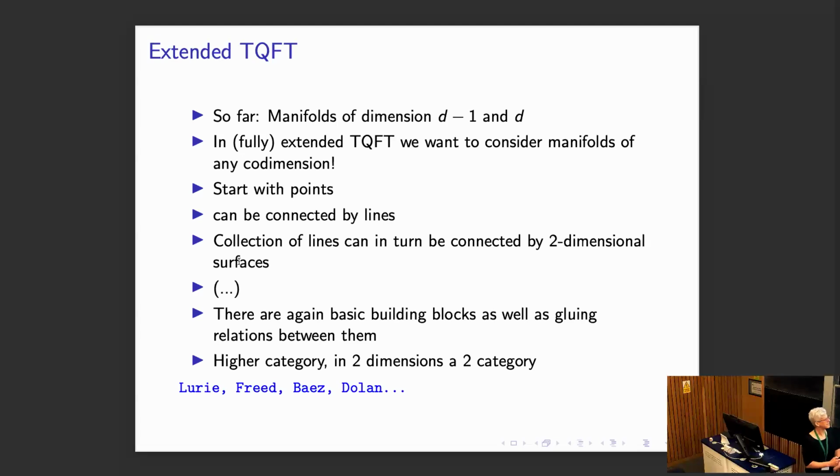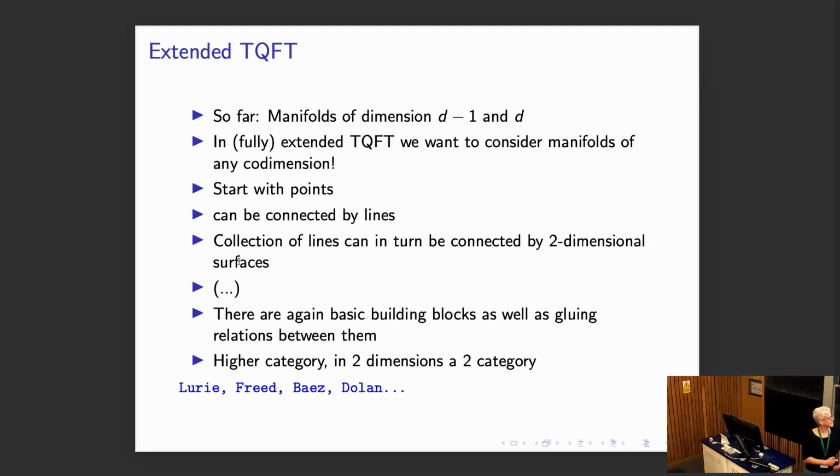They can be connected by lines. So those would be the one-morphisms. And then if I have a bunch of lines, then they can in turn be connected by two-dimensional surfaces. Yeah, and so on in principle. So in my talk, I will stay at the two-dimensional level, but you can talk about the structure in three dimensions.